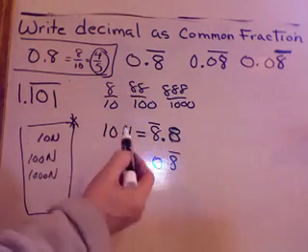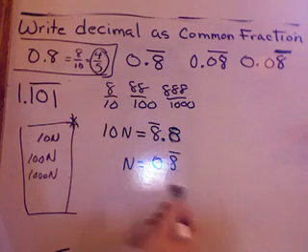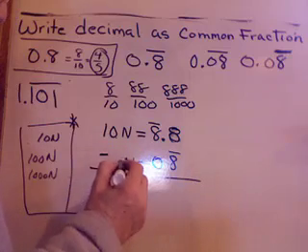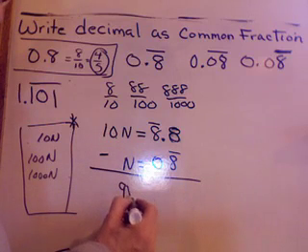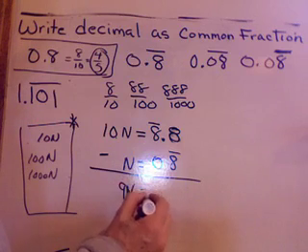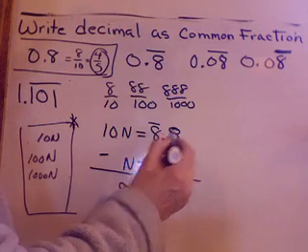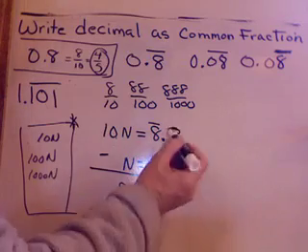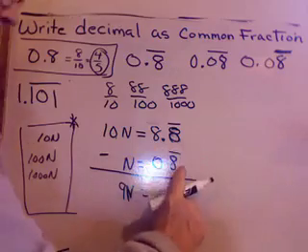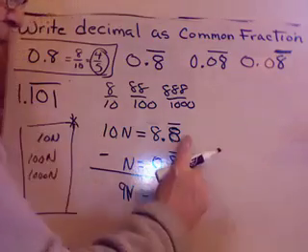Now you're going to do a simple subtraction. 10n, take away 1n, 9n. That was pretty easy. 9n equals 8.8, take away 0.8. Now remember, this is repeating, so that means 8 would go on forever there, and the same here. So no matter how many 8s I write on the bottom, I would have just as many on top.